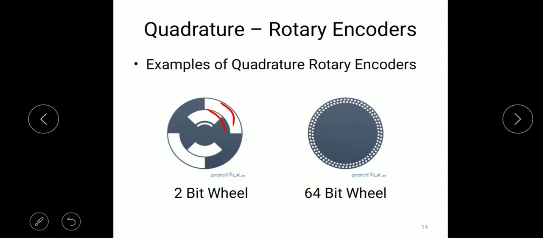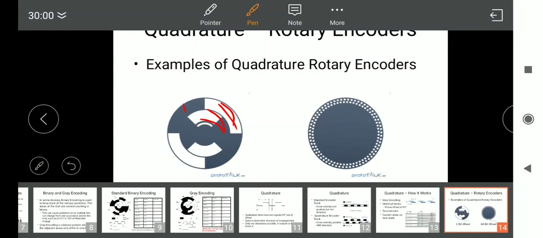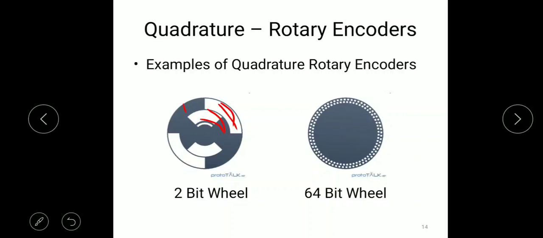Similarly, the 64-bit wheel has 64 bits.